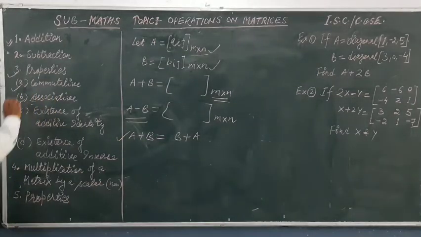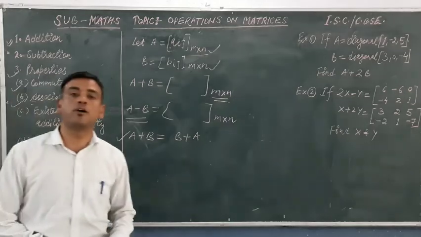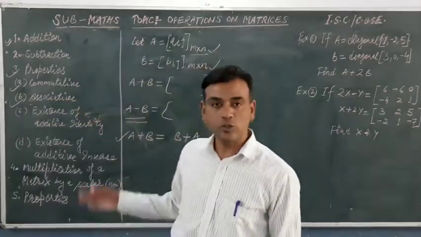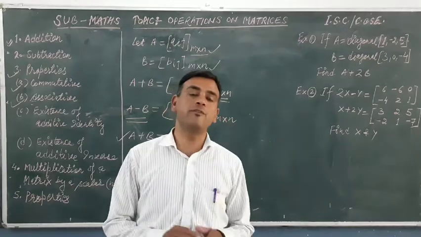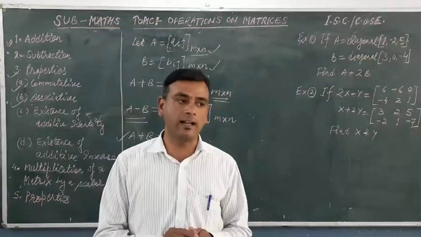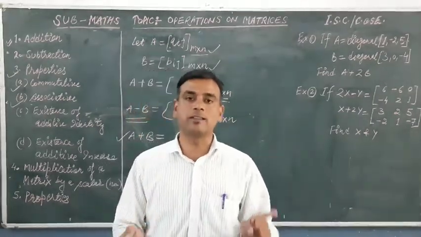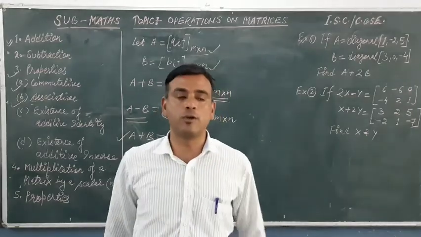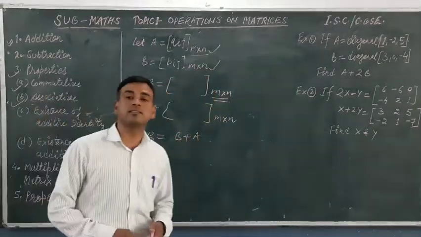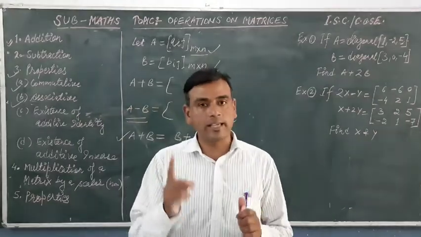Similarly, the associative property means addition of matrices is associative. If we add two matrices together and the sum of those two is added with a third one, it will always be equal to the first matrix plus the sum of the second and third matrix.